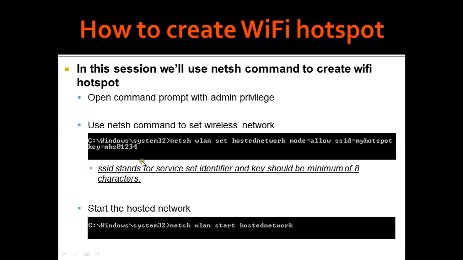And by the way, I forgot to tell you, the SSID stands for service set identifier. It is the name of your hosted network, and the key should be a minimum of 8 characters. It cannot be less than 8 characters. Okay, so let me start that hosted network.